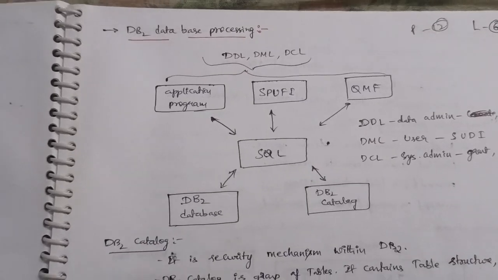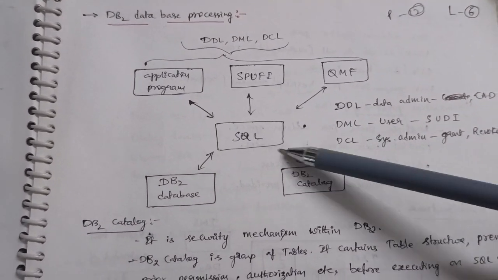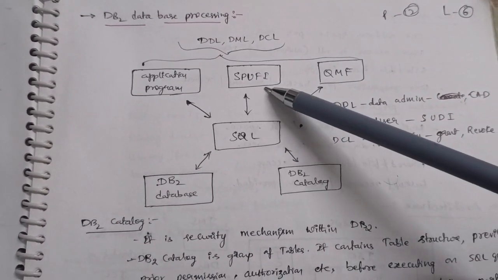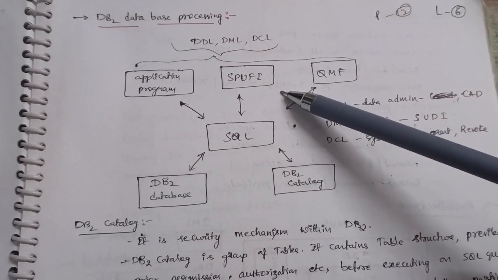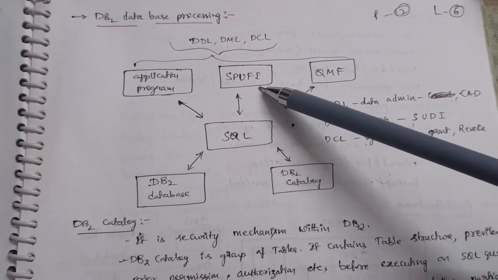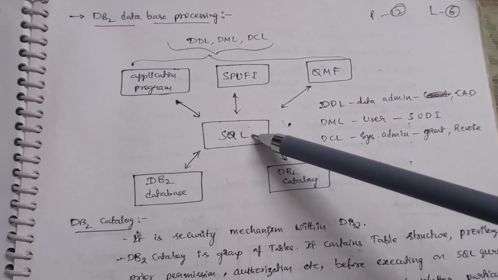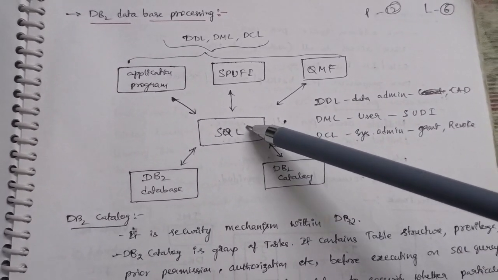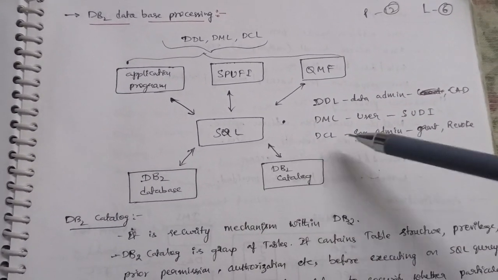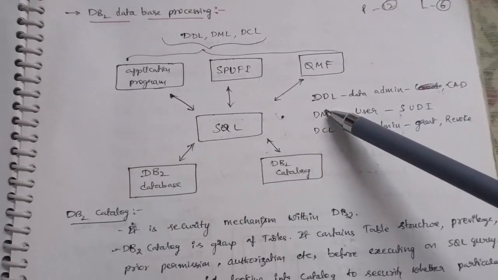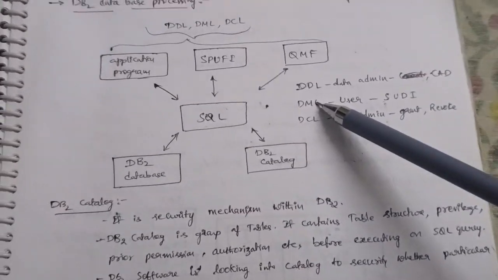Next, going to DB2 database processing. What is the application program? And these are the application programs. We can run DB2 using different tools, and we can also run it using QMF. These are the interfaces with DB2: SQL, the DB2 database, and the DB2 catalog. And DDL, what it means, we explained just now.